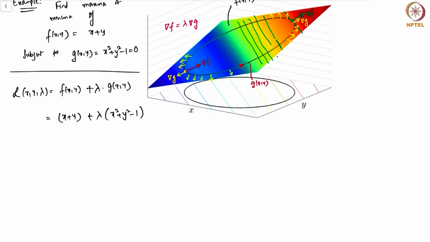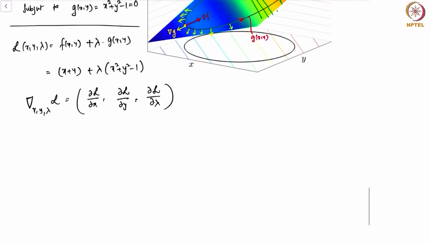Now the gradient of this Lagrangian function involves 3 derivatives, by the way. What are the 3 derivatives? It involves derivatives with respect to x, with respect to y, and we have introduced a new variable, that is lambda. This quantity is nothing but del L by del x, del L by del y, del L by del lambda.